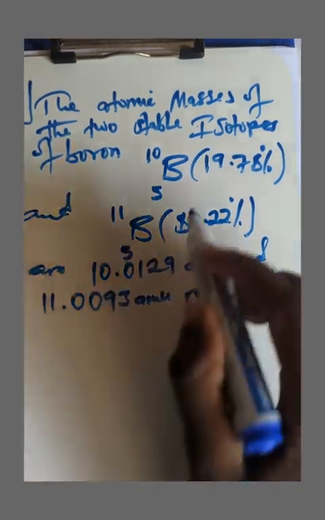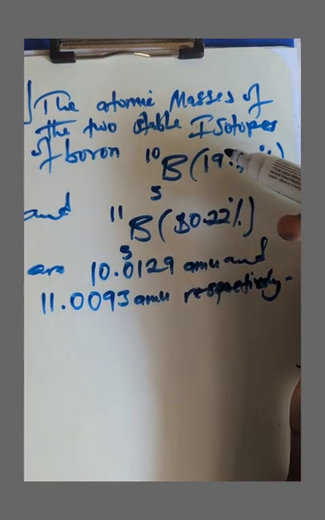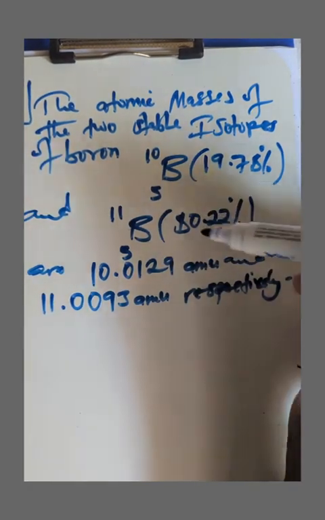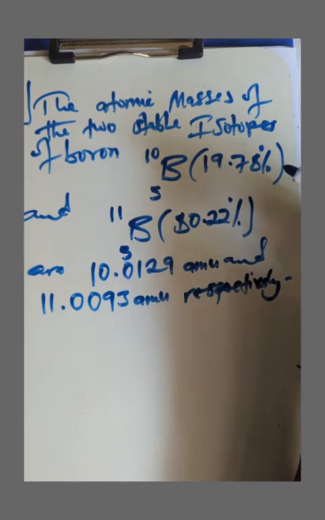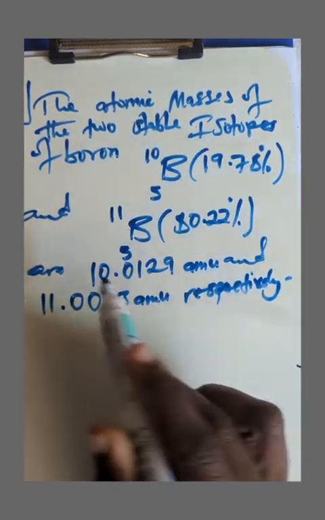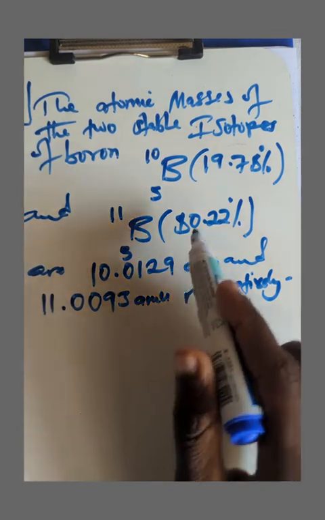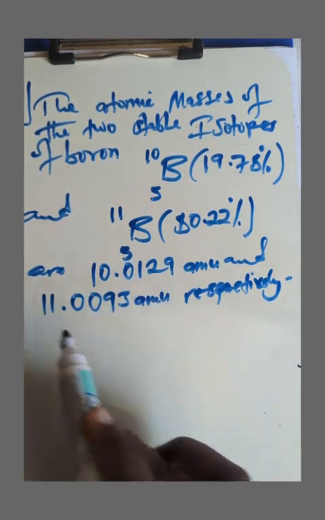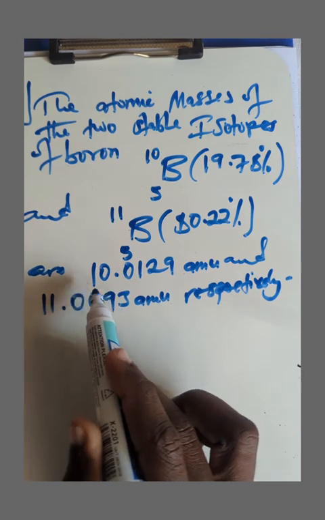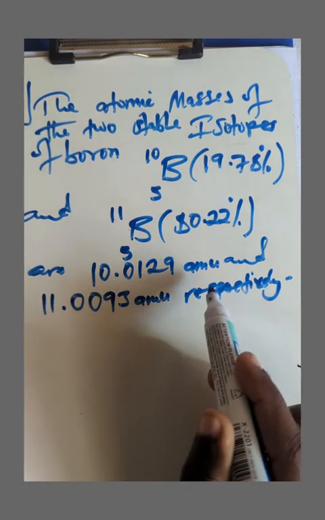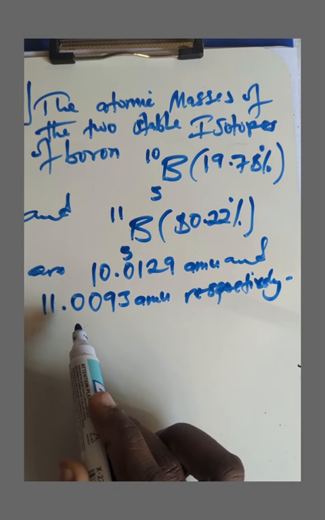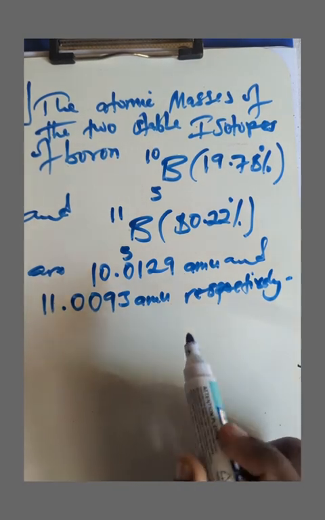So we have the atomic masses of the two stable isotopes of boron: boron 10, with a percent abundance of 19.78%, and boron 11, with a percent abundance of 80.22%. These are the atomic mass units: 10.0129 atomic mass unit and 11.0093 atomic mass unit respectively.